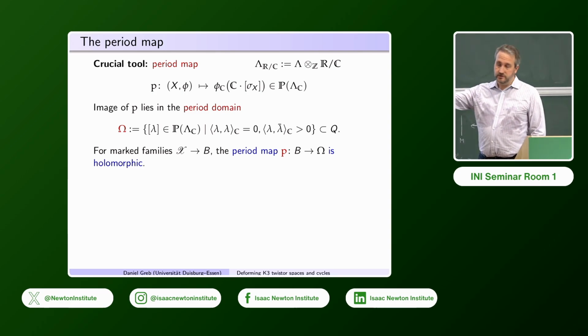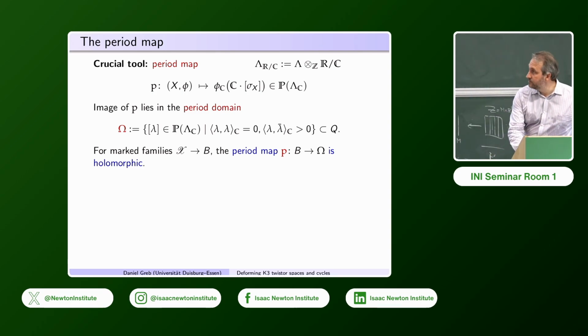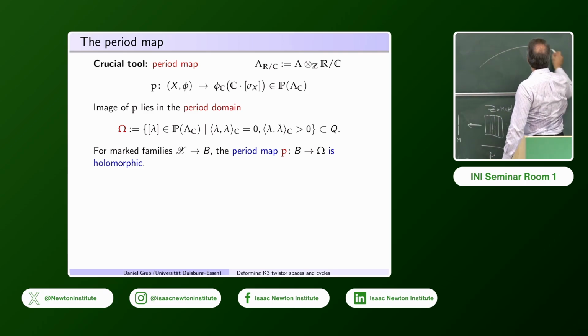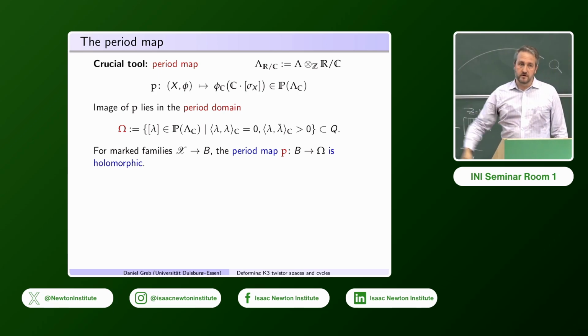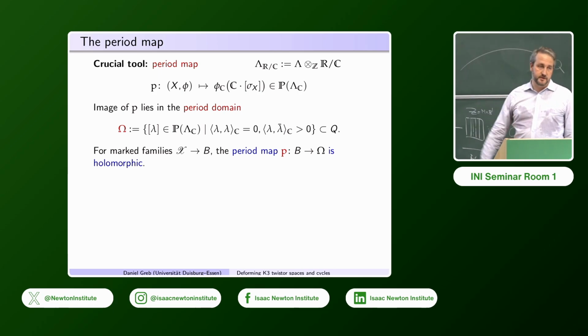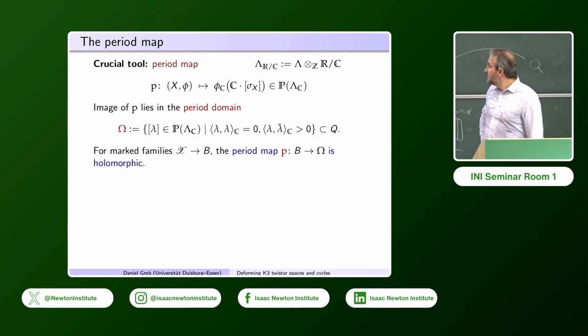This means the image of your period point will lie in a quadric. This is a quadric equation given by the holomorphic extension, or the complex linear extension, of this signature (3,19) form.